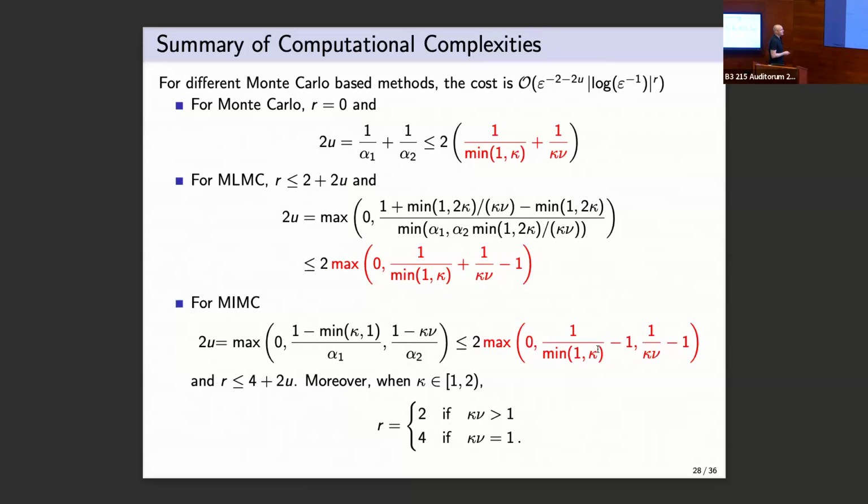And what you can see is that there is an improvement every time you go to a new method here. So we have a rate improvement from multilevel to multi-index.